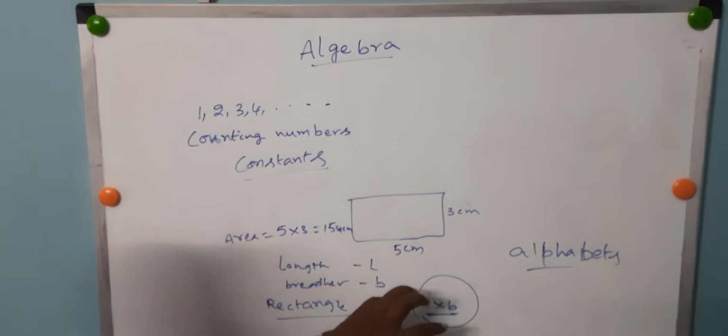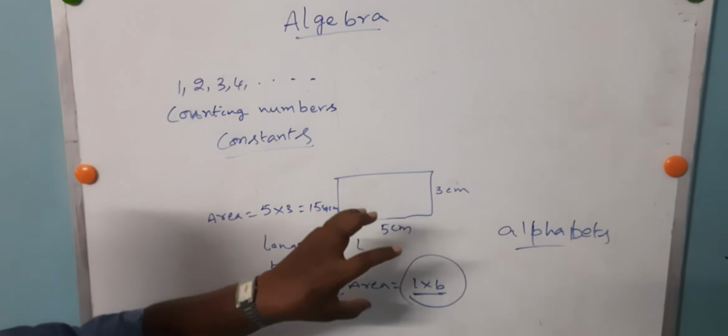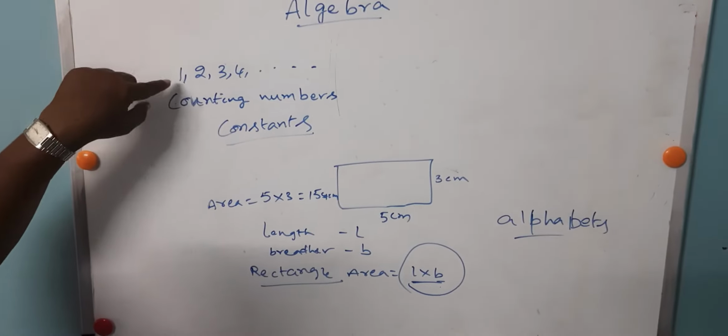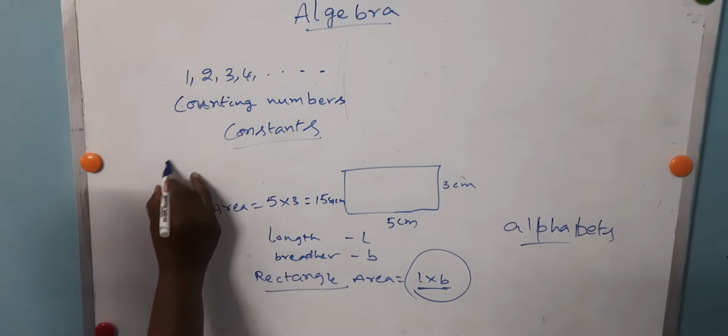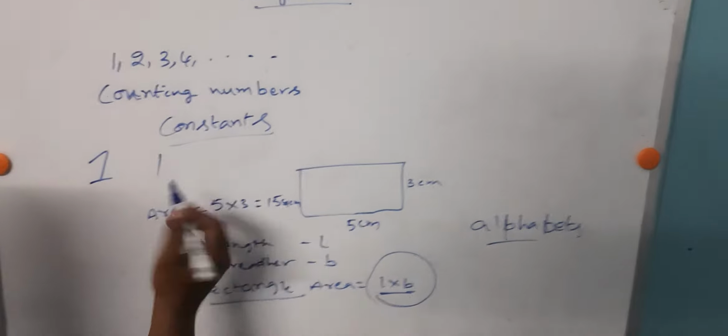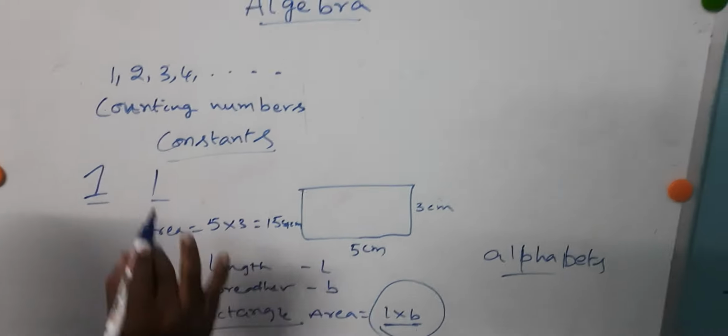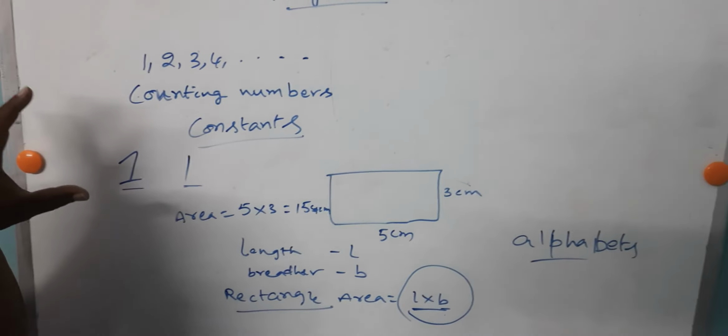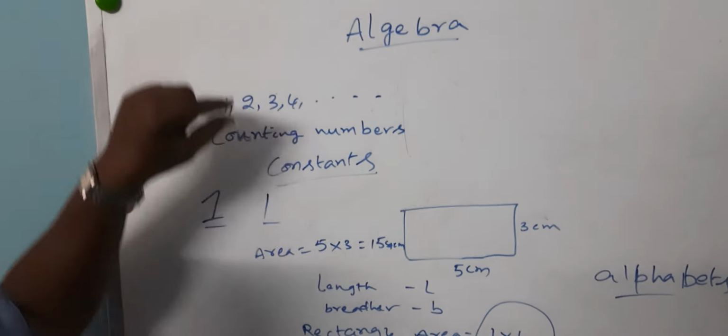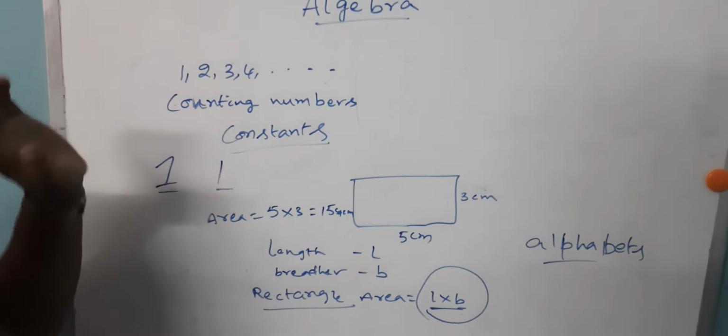That's why these are called variables. And 1 is 1, that is, one's value is constant. 2 is 2 wherever you go, that means constant.